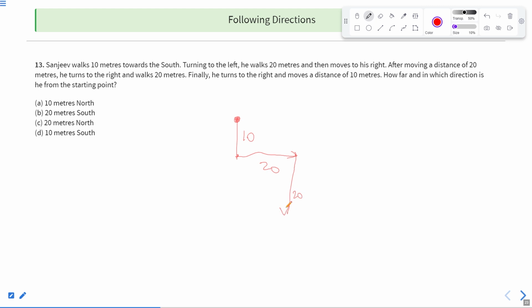Then turning to his right again, he walks back 20 meters. 10 meters, left 20 meters, right 20 meters, right 20 meters, right 10 meters.